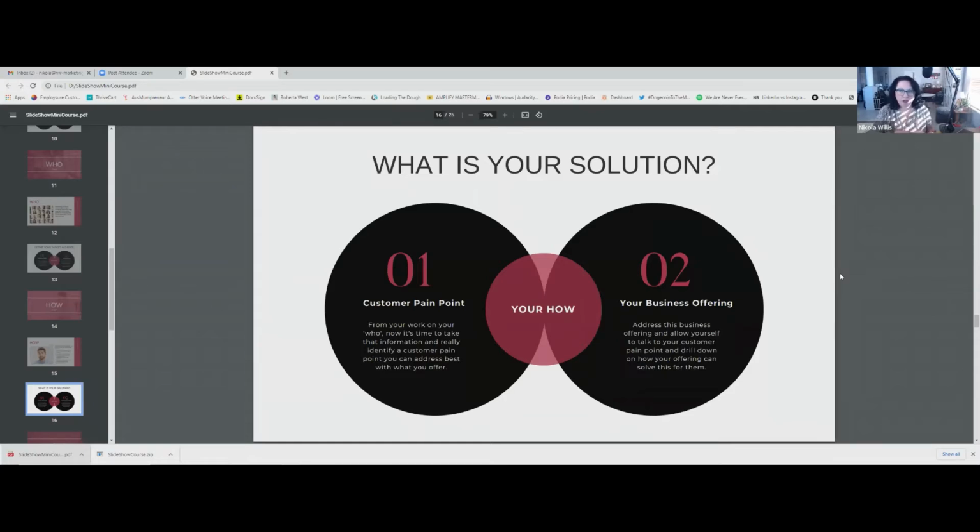You need to grab them straight up, hitting them with their pain point, showing your solution and why you need to be the person they come to. And finally, a call to action of where they go and what they do, because that's called direct response marketing. When you're a small business, you can't afford to do branding.